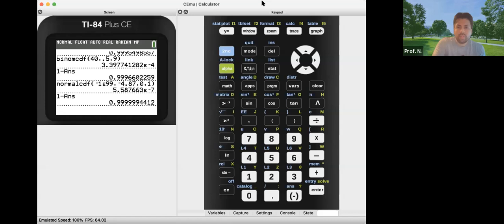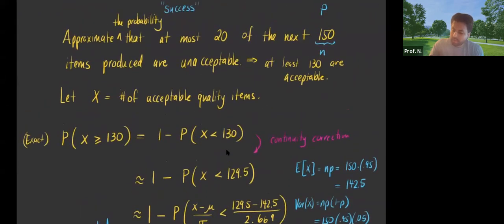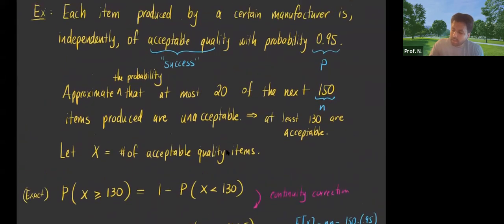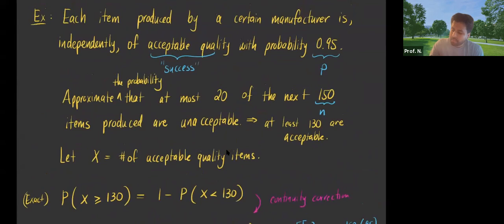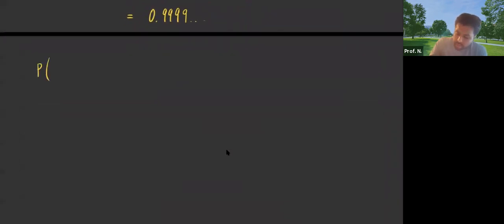And let me just do one more example. Using the same example here, what if I want to find the probability that x equals 30, for example? So this is the probability that exactly 30 are acceptable.